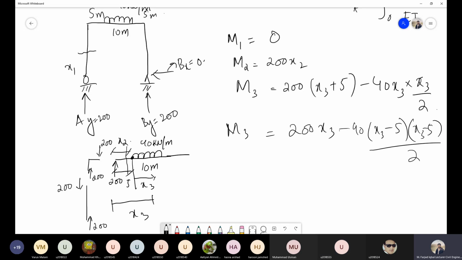So that will be the equation of moment if I take the reference as the starting point of this particular section. So any confusion about these two equations?